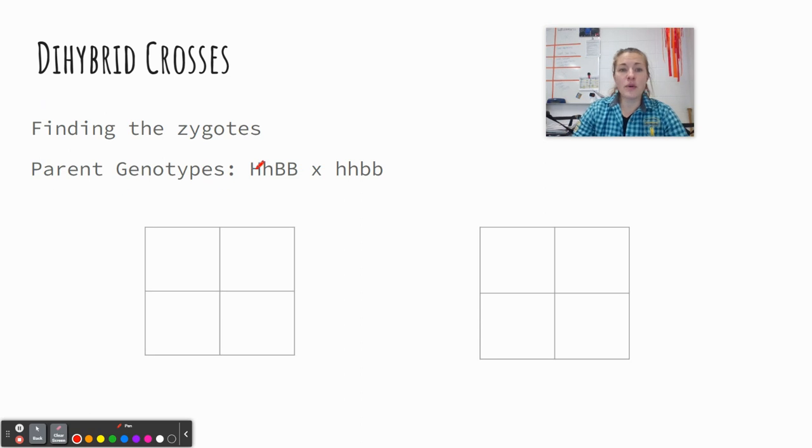So for this, I am going to make my first cross with just my H's, just my hair. So I have one parent that's capital H lowercase h, and the other parent that is lowercase h. So when I make my cross, I get that.